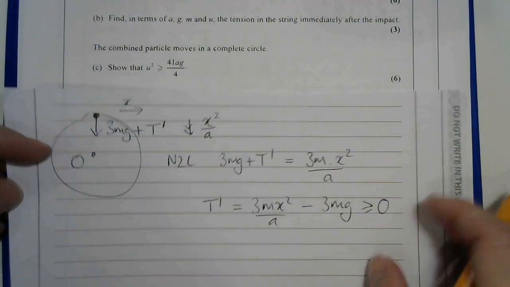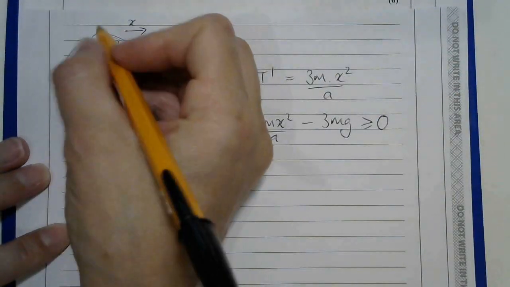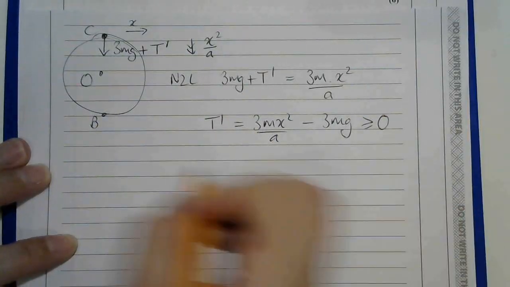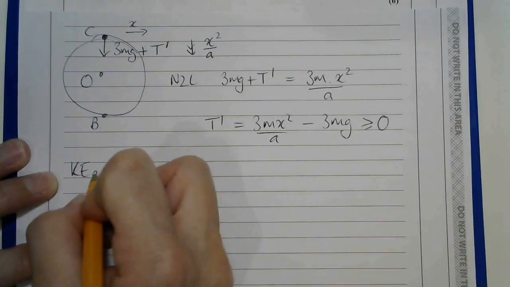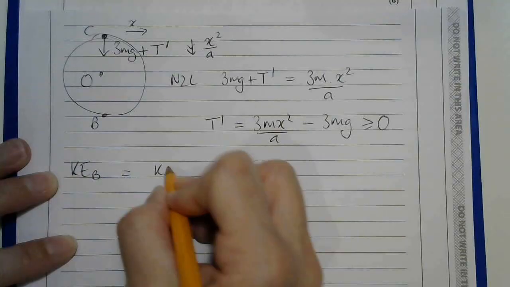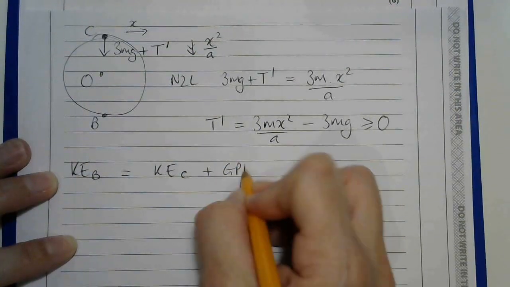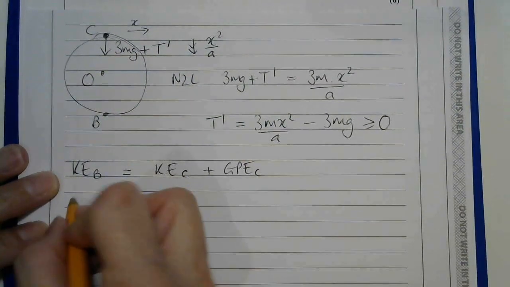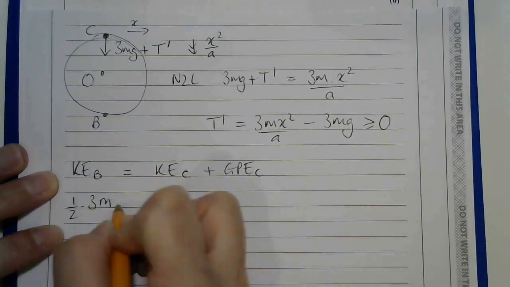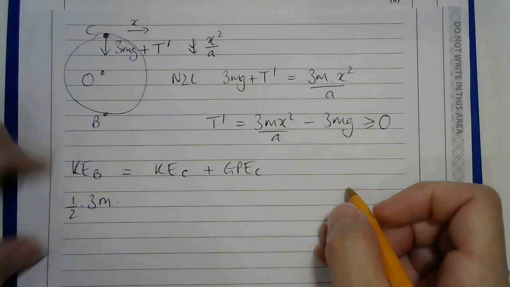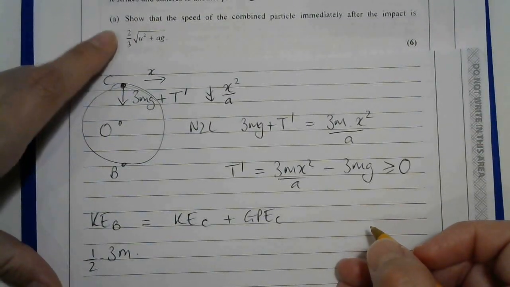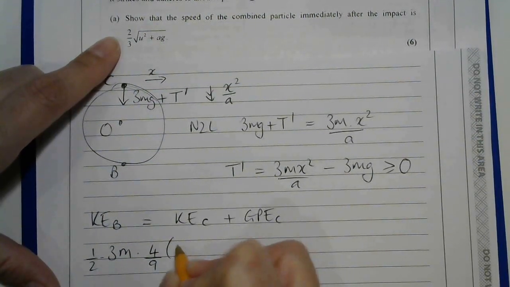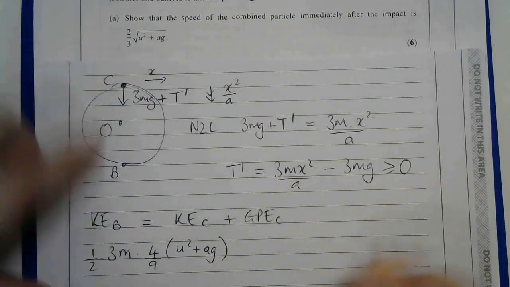So I could say that if I call this point up here C and the point down here is B, then I know that the kinetic energy at B will equal the kinetic energy at C plus the gravitational potential energy at C. So the kinetic energy at B is 1/2 times the mass, which is 3m, times the velocity squared, and the velocity squared is this thing squared. So again, I get 4 over 9 u squared plus ag.